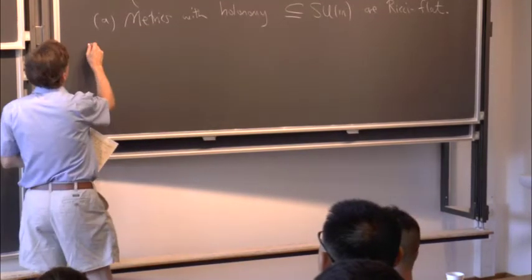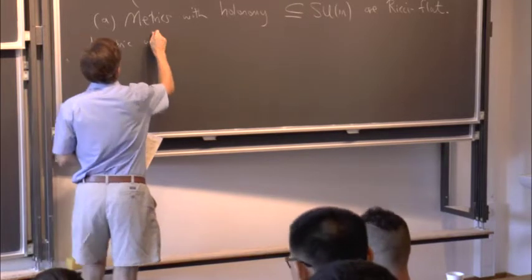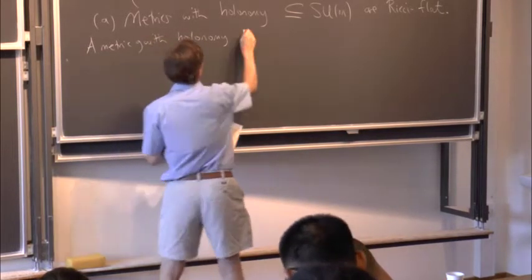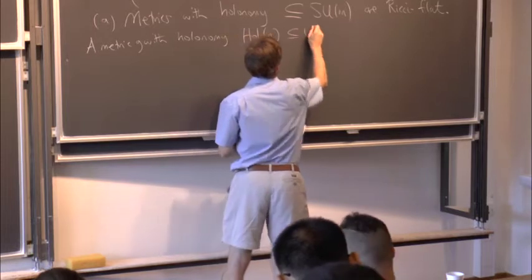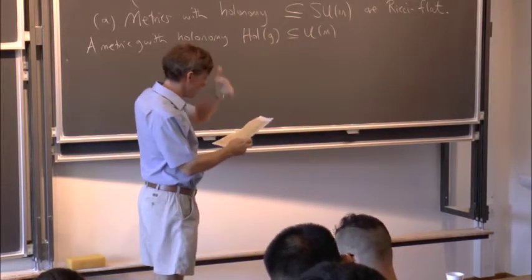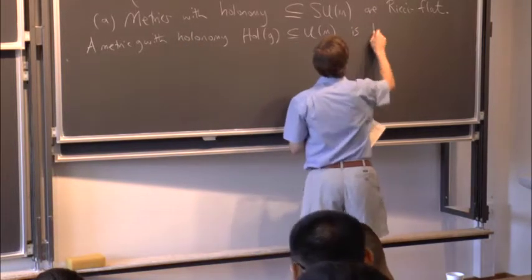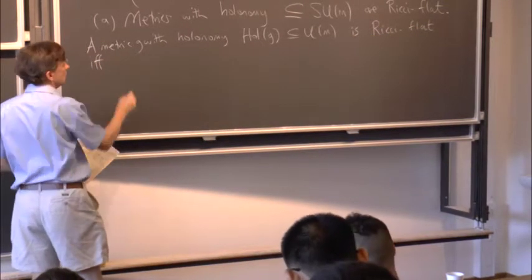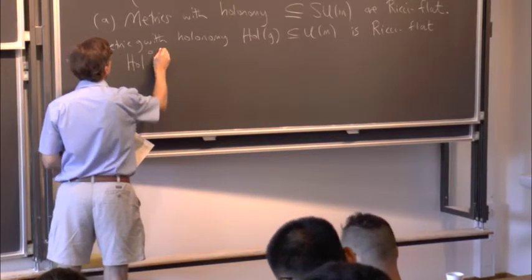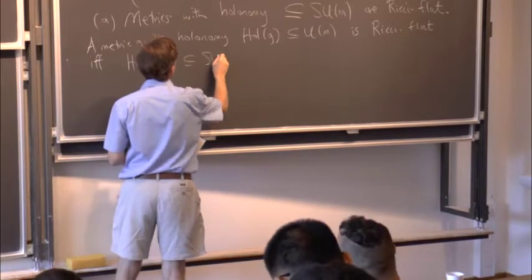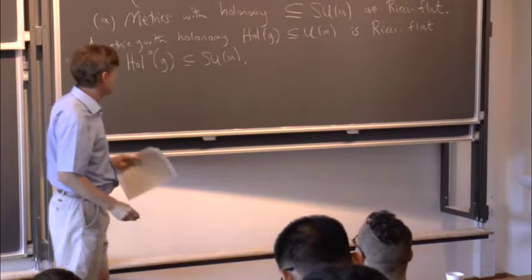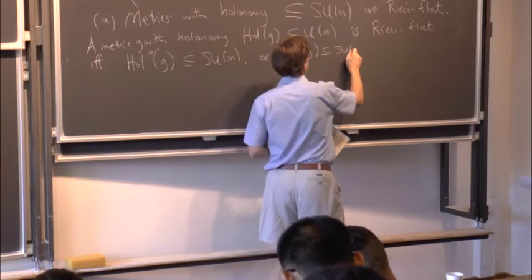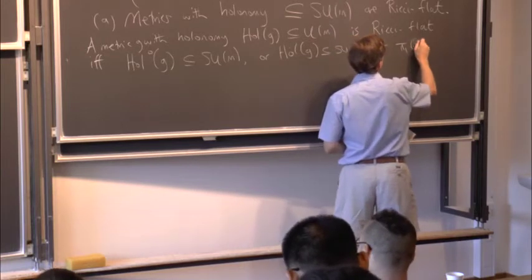So a metric g with holonomy, let's say Hol(g), contained in U(m), so that g is Kähler with respect to some complex structure, is Ricci flat if and only if, in fact, the reduced holonomy of g is contained in SU(m), which then implies the holonomy group of g is contained in SU(m) if X, your manifold, is simply connected.